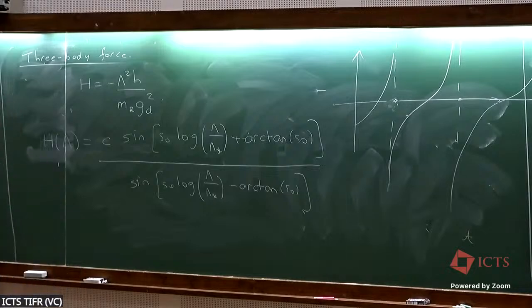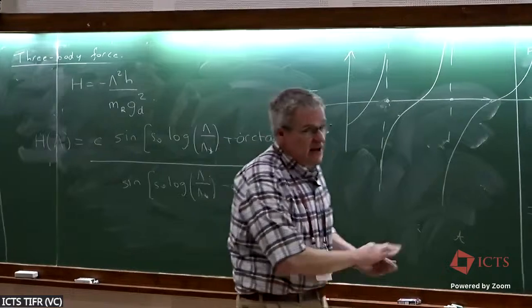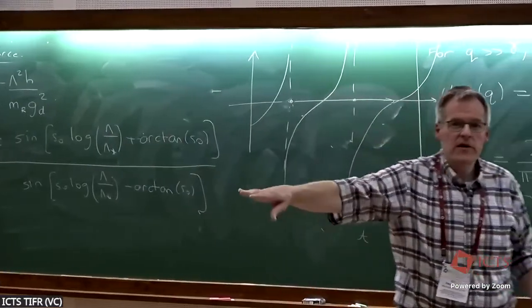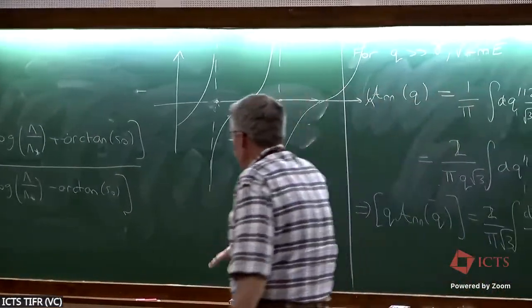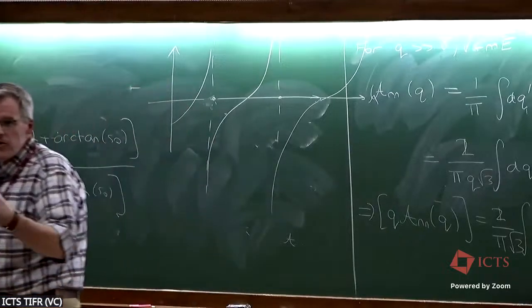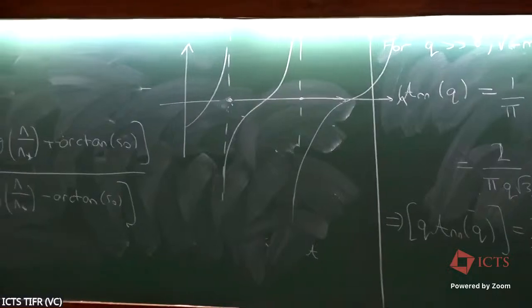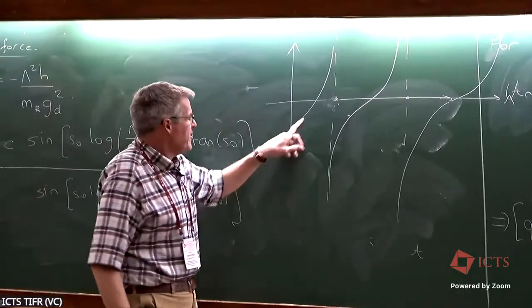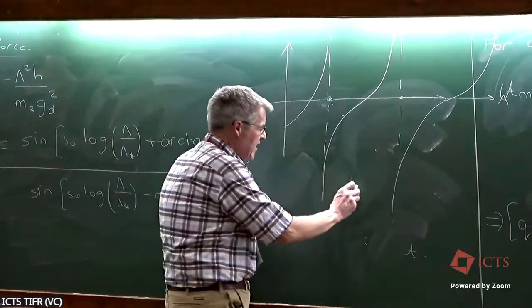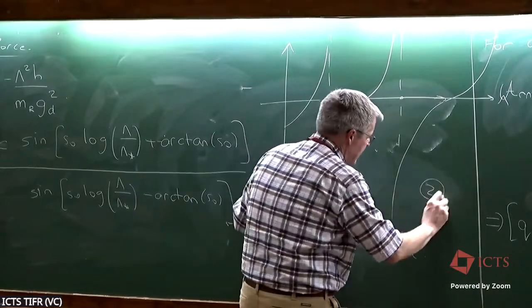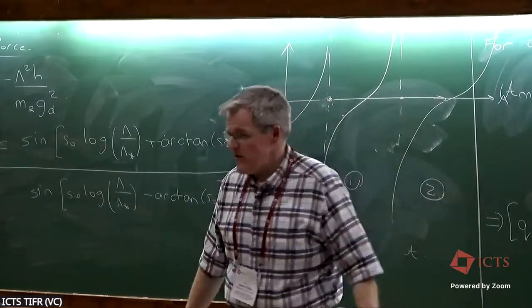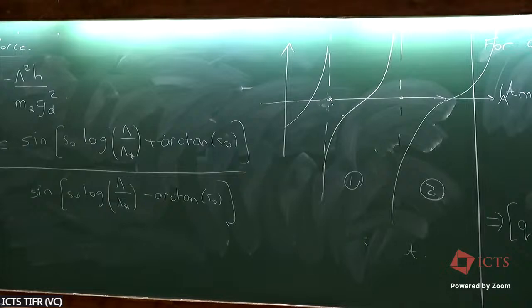So what happens if you solve the problem numerically is that as you increase the cutoff, you get more and more bound states, basically because the interactions are giving you more and more attraction between the three particles. So up to this point, you have 0 bound states. Here you have 1 bound state. Here you have 2 bound states, and so on and so forth. But the three-body force just keeps on doing this forever and ever and ever.